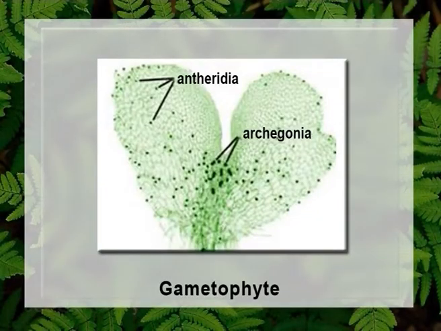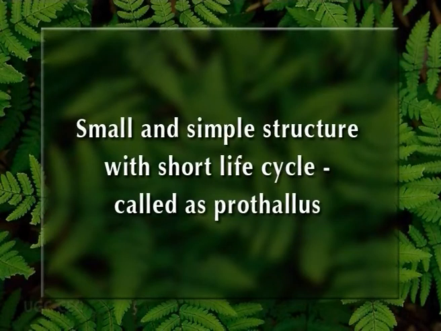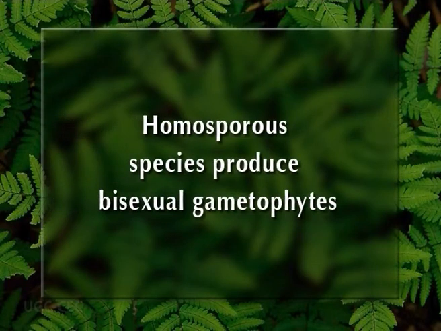The second phase is gametophyte, which is the haploid phase. The germination of haploid spores gives rise to a gametophyte. The gametophyte is a small, simple structure with a short life cycle and is called prothallus. Homosporous species produce bisexual gametophytes.